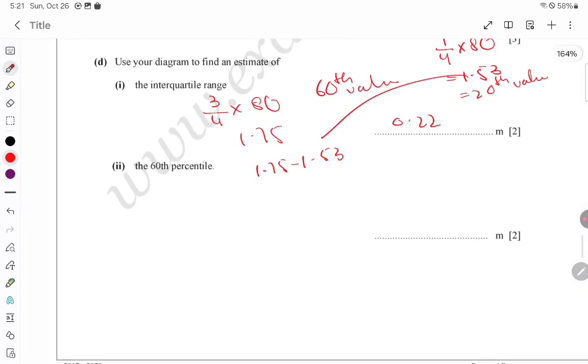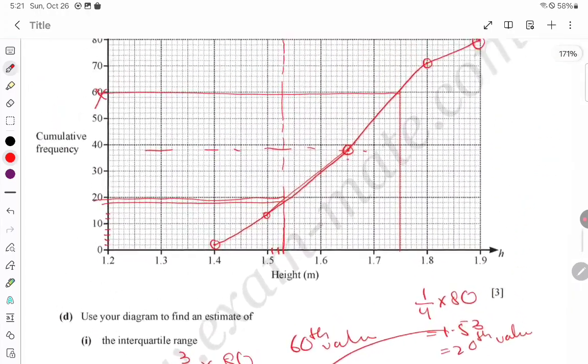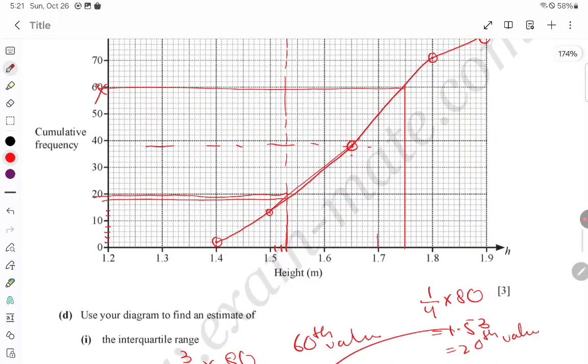And for the 68th percentile, we multiply 68 with the total number divided by 100, and it will give you the 48th value. Draw a straight line.